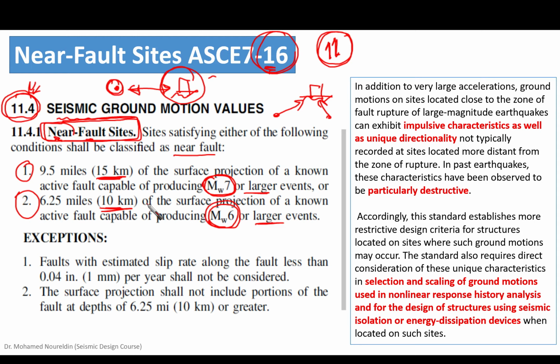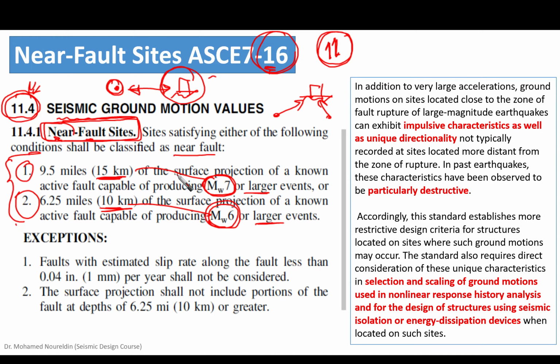So these are like conjugates: 15 kilometers with 7 or larger, or 10 kilometers for producing 6 or larger events. This is the definition of it.